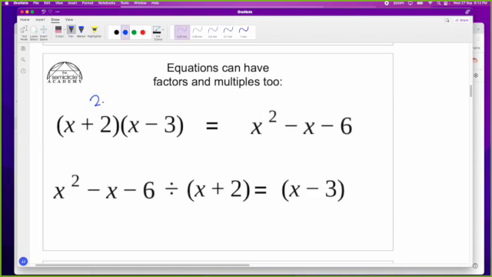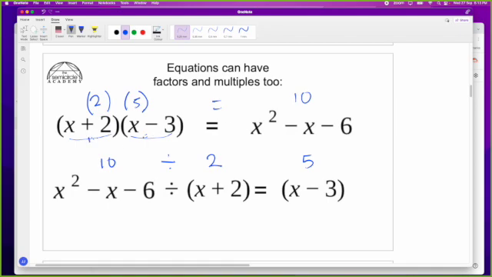2 multiplied by 5 will give me 10. And so if I take the 10 and divide it by the 2, I'm supposed to get back the 5. And we know from the distributive law that we can take these 2 expressions and multiply them.